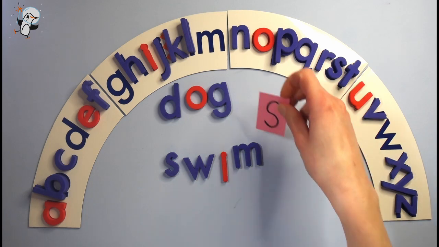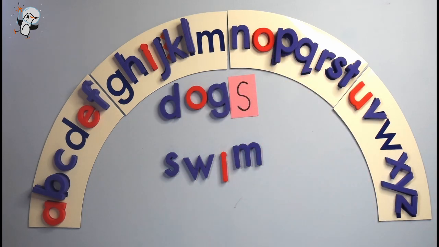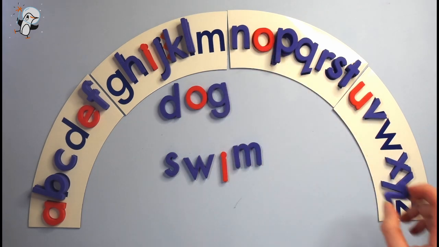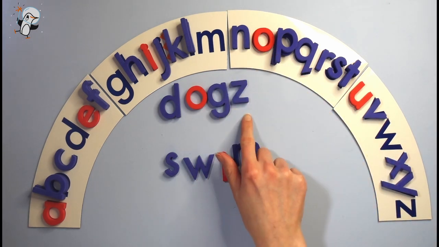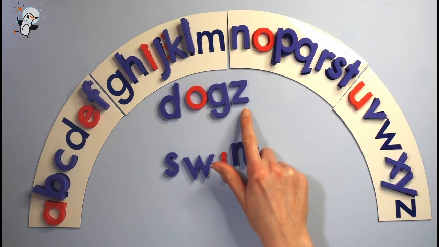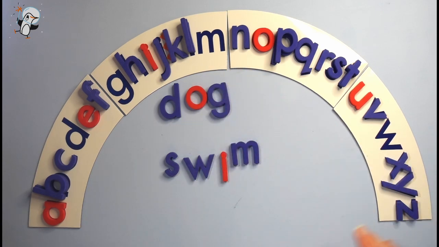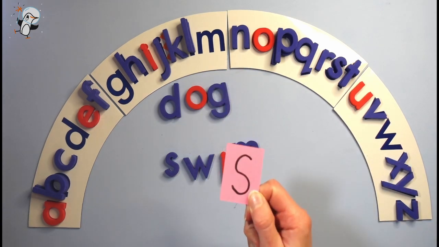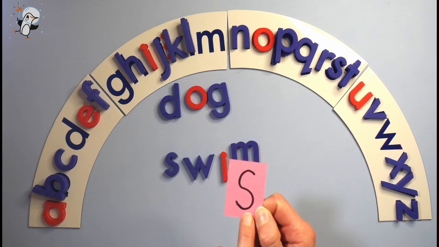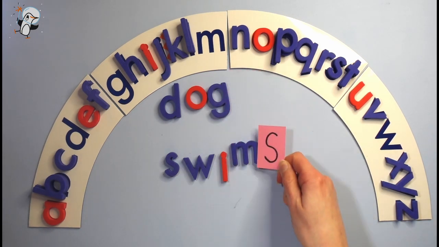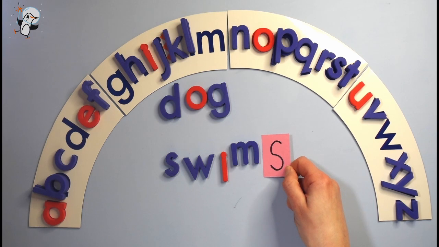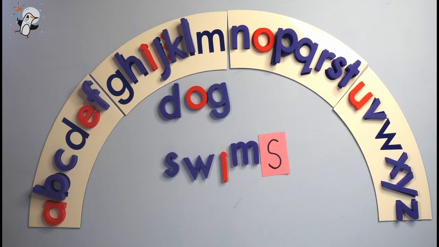So when I say dogs, it sounds more like I'm actually saying that. And some children will hear that really clearly and will actually try and write a z. So again, it's about learning that the suffix s makes the plural or the third person verb form. And even if it sounds like a z sound, it's still made with the s suffix.